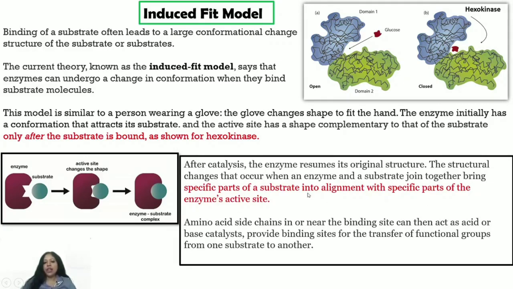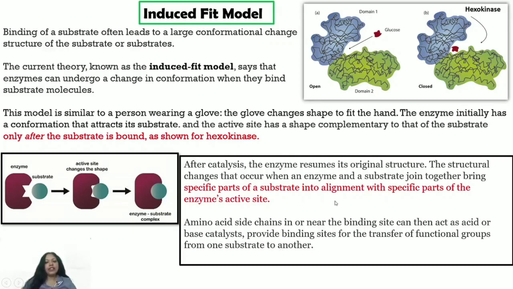Only a specific part of the substrate comes into alignment with a specific part of the enzyme active site, which actually participates in the reaction. So amino acid side chains in or near the binding site can act as acid or base catalysts, providing binding sites for the transfer of functional groups from one substrate to another.